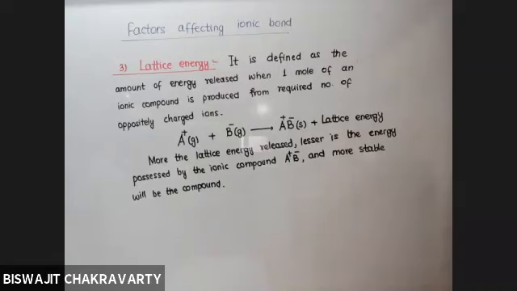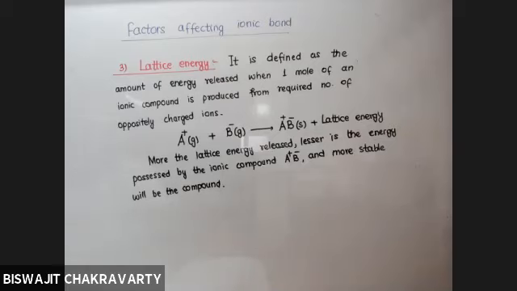And if it is asked that as a whole, what are the favorable conditions for formation of ionic compound, we can say that the favorable conditions are low ionization energy, high negative electron gain enthalpy, and high lattice energy, because in the second two, energy is released. So when you are releasing energy, it should be given out in higher amount. And when you are absorbing energy, it should be absorbed in lesser amount.